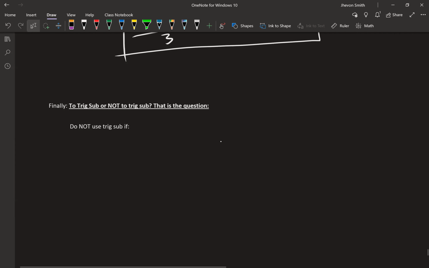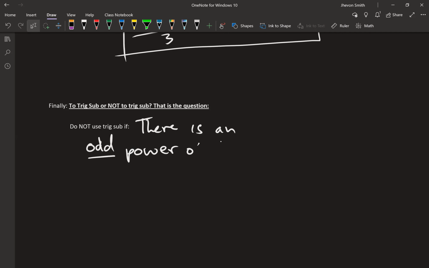So here's when you do not use a trig substitution: there is an odd power of x as a factor elsewhere.